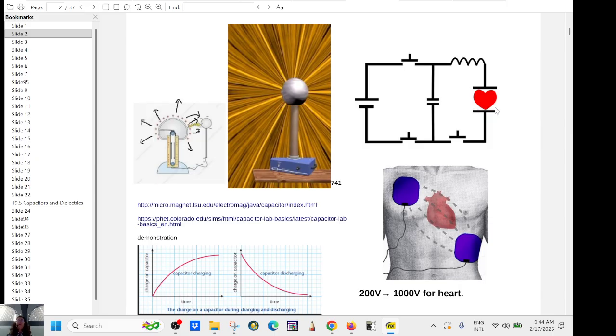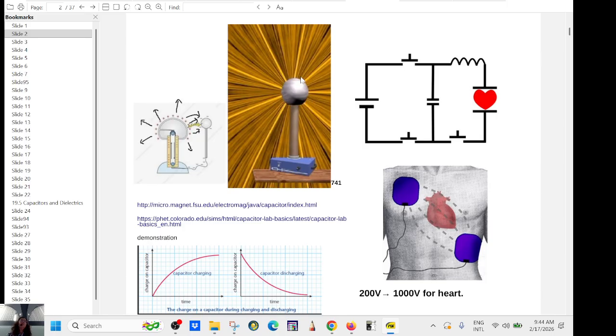You are burping out current, and that energy is transferred to the heart. The heart is an electrical system, so it's like a load, and it will start again. But this is called a parallel plate capacitor. But for anything that can hold charges, you can find how much charge it can hold per unit voltage.